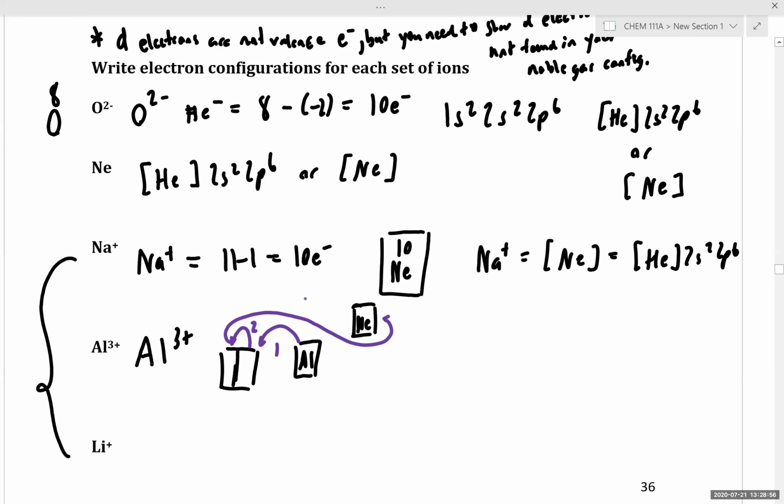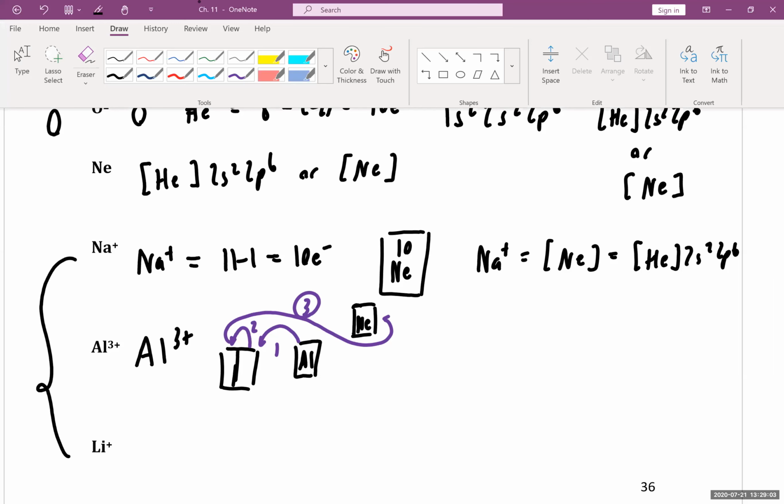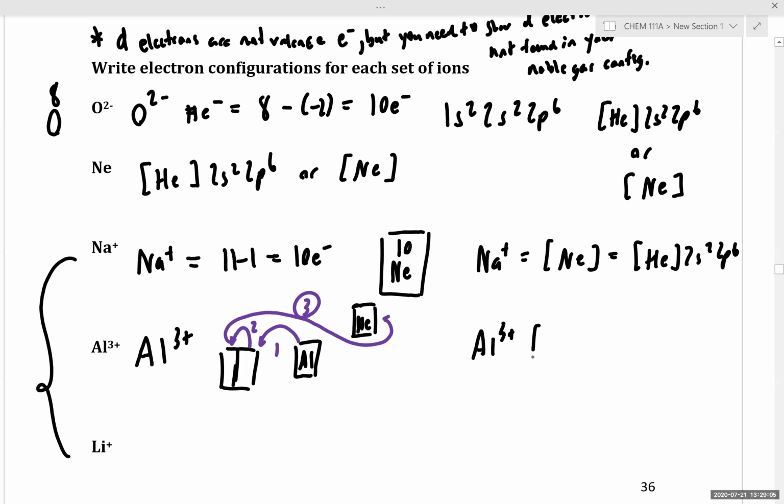Since we have a charge of +3, we count 3 spaces to the left, and that gives us for aluminum 3+ a configuration of neon. In other words, helium 2s2 2p6. We can also show that aluminum 3+ has 13 minus 3, or 10 electrons to its name.